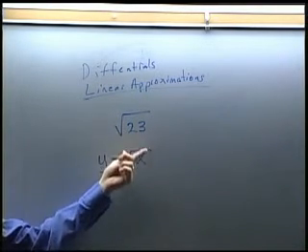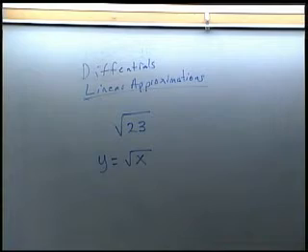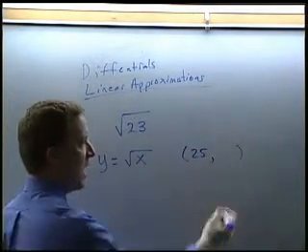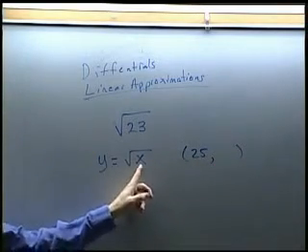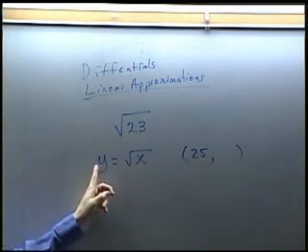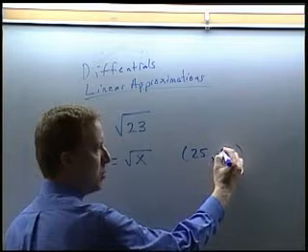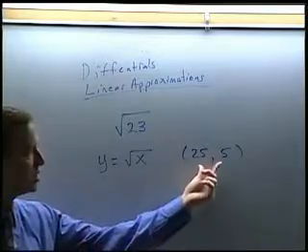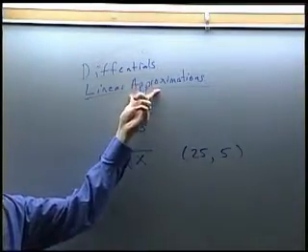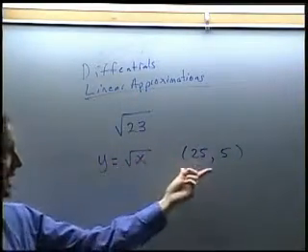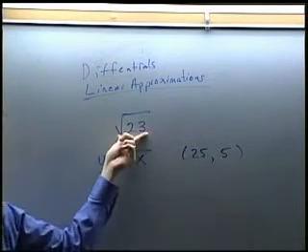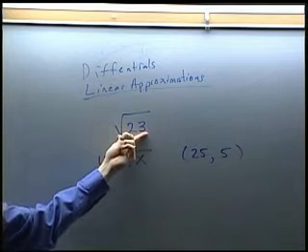What's the nicest choice we can pick? 25. So I want to use the point x equals 25, and what's the y value here if I sub in 25? I get 5. So I want to use the ordered pair (25, 5) as my starting point. Basically, I'm going to write a linear approximation for this equation at (25, 5), and then we will use that equation to find the square root of 23.